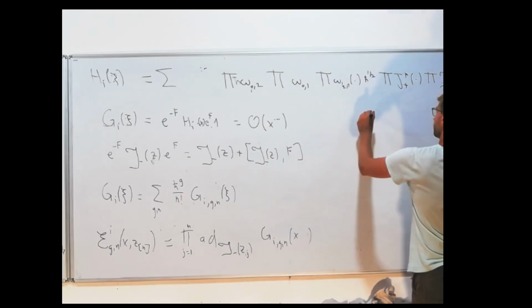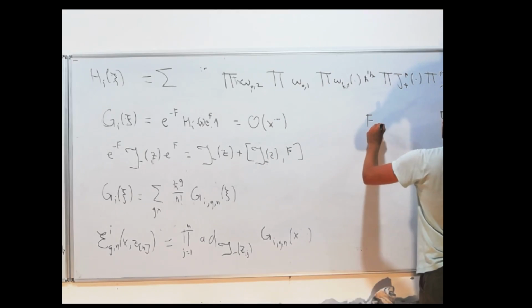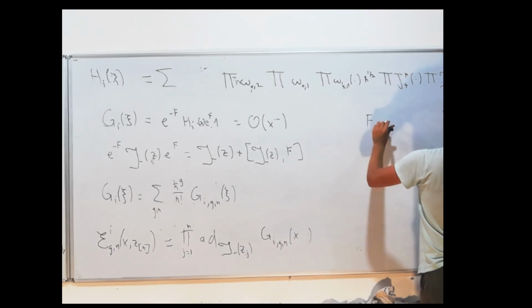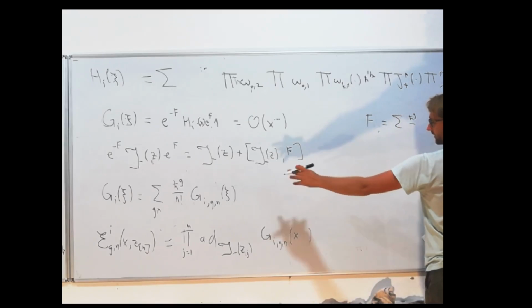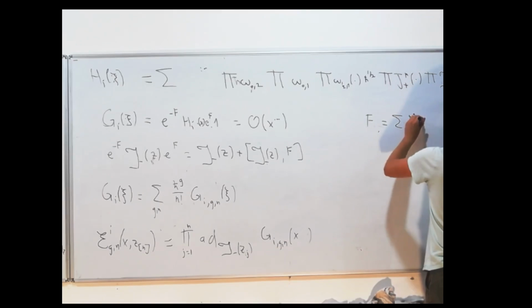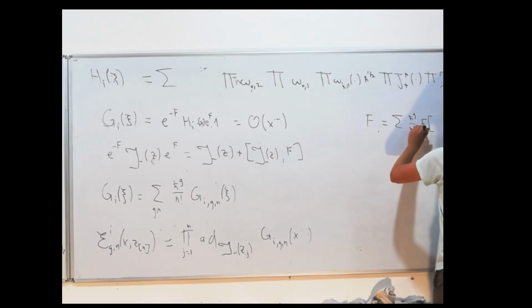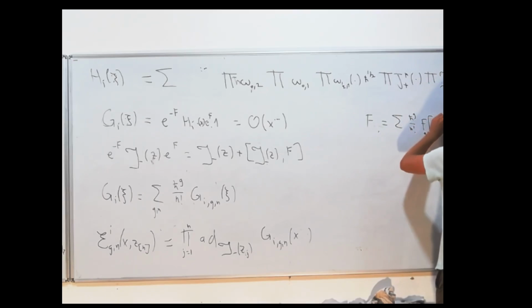And recall that f was a sum of h bar to the g, which is just the same as there, n factorial, some lots of things here. I'm actually going to write it this way now.